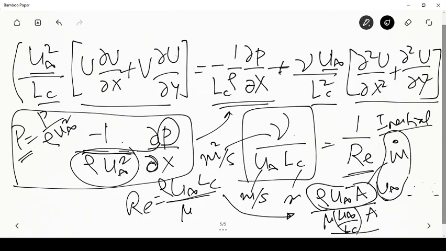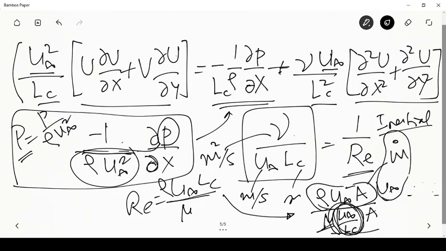What is this? If I write this as an approximation of del u by del y in the direction perpendicular to the plate, then the velocity varies from u0 to u infinity over a length of, let us say, delta. But if I write it in terms of Lc, in some sense this multiplied by mu is actually a viscous force.